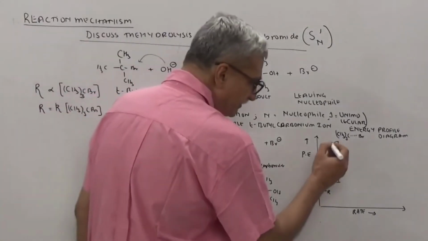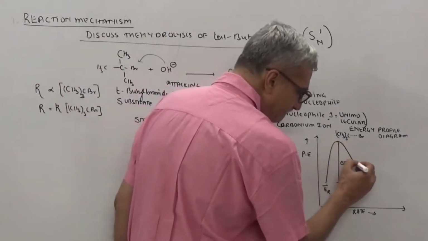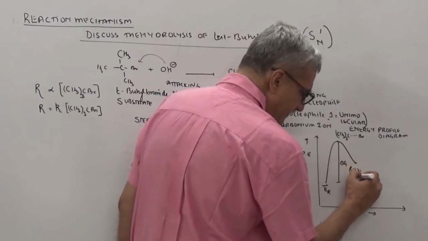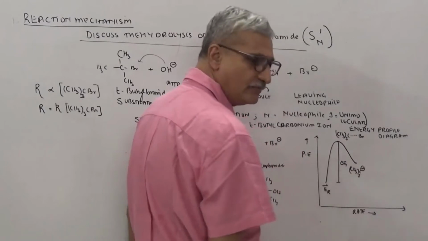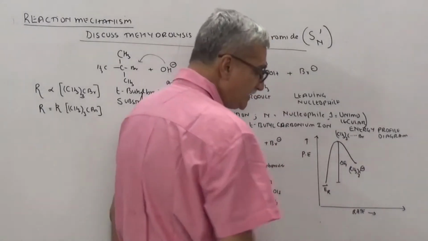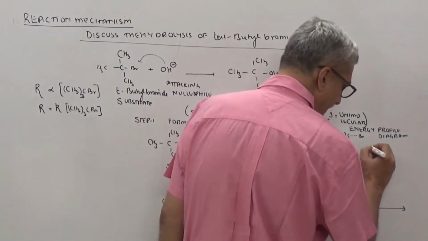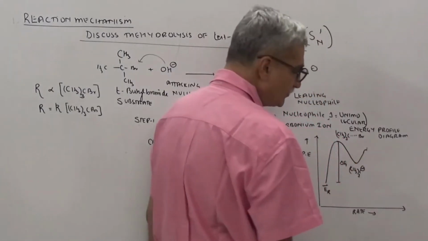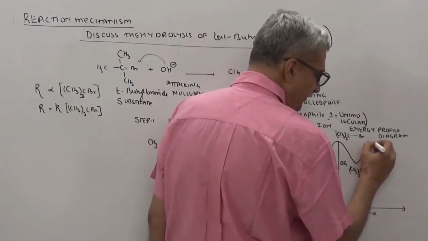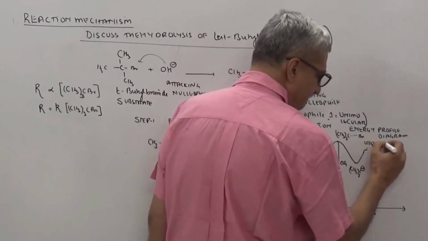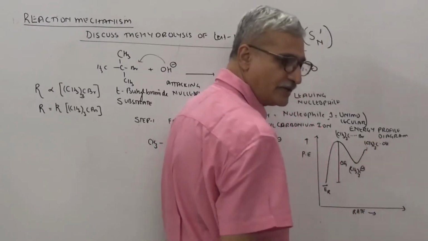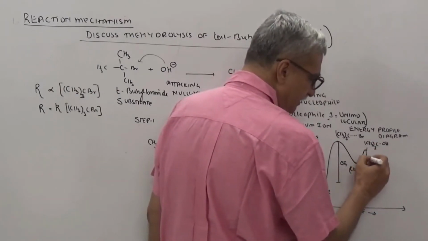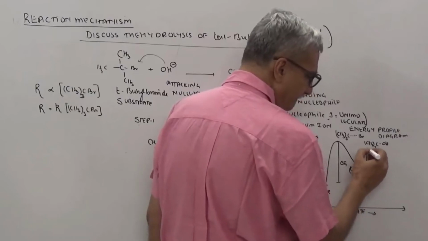Anything which is stable will have a lower potential energy. So this is now the potential energy of the tertiary butyl carbonium ion. Now once again this has to form a bond with OH minus. So again a higher energy level, energy of activation. So this is delta E2.